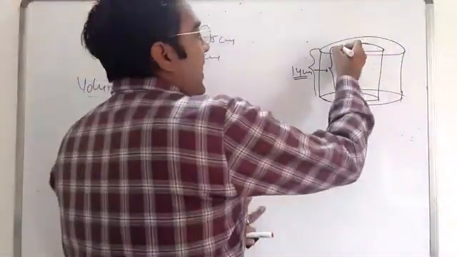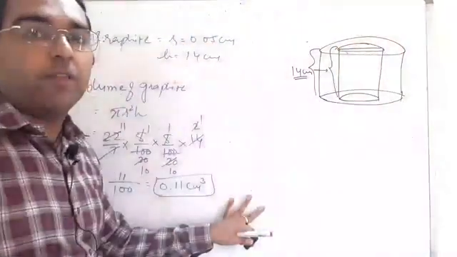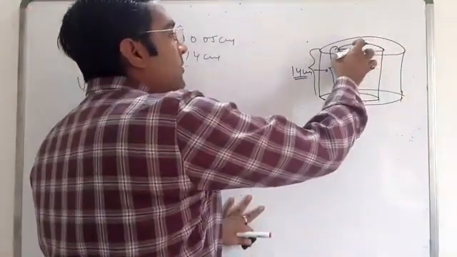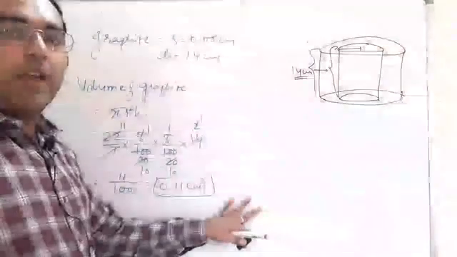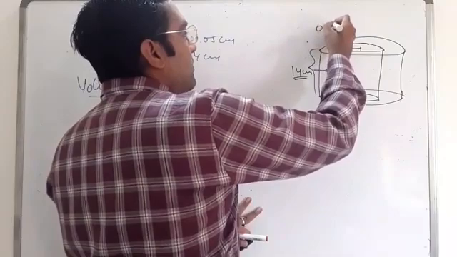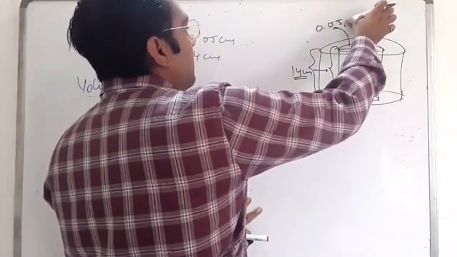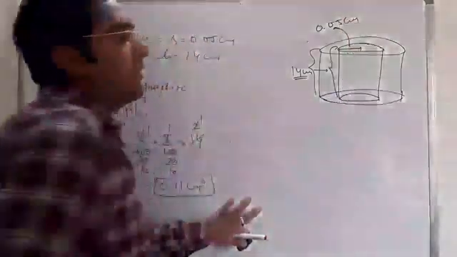Now the diameter of the graphite is 1 mm, so therefore my radius is 0.05 mm. Sorry, I will convert it into centimeter, so I'll write it now in centimeter.